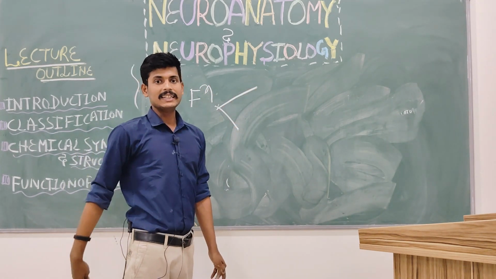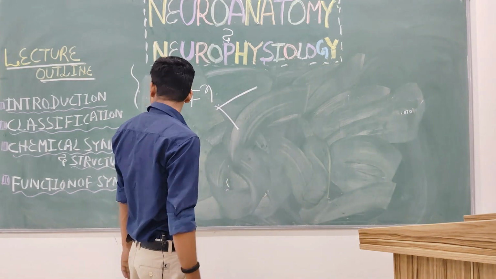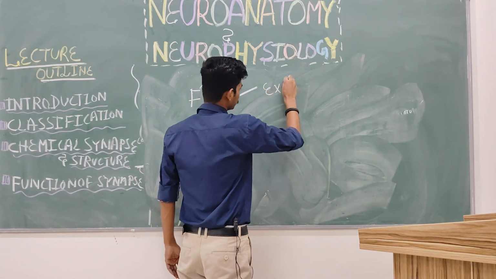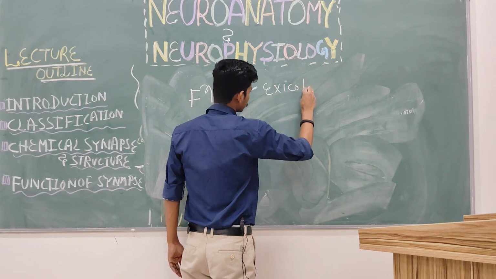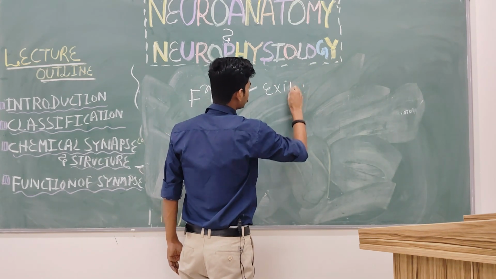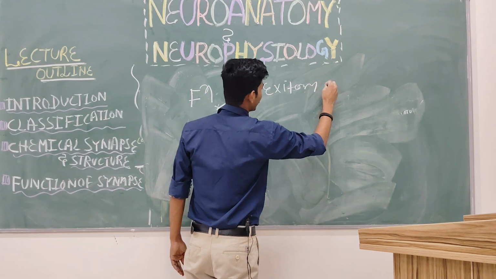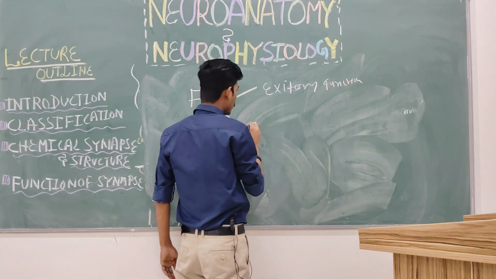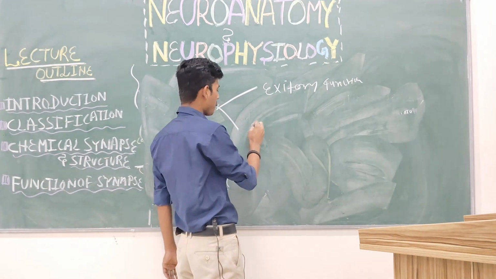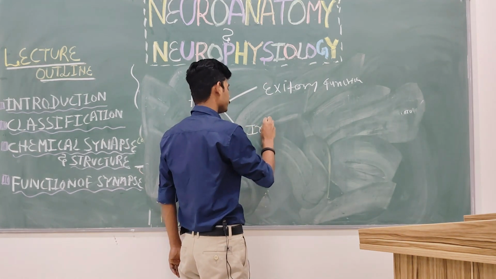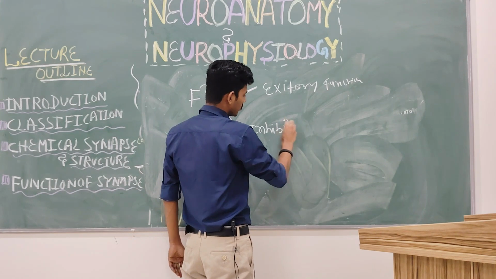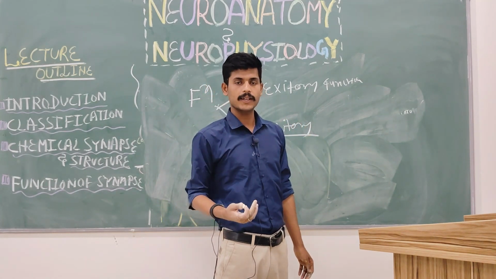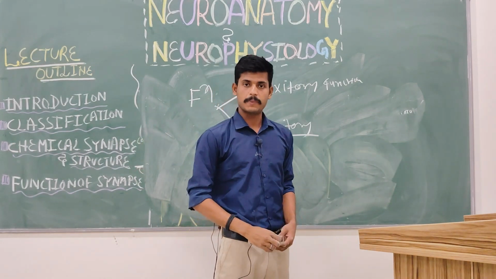Either the chemical synapse is excitatory, or it has an inhibitory function. Either it makes a neuron activate, or it suppresses it.